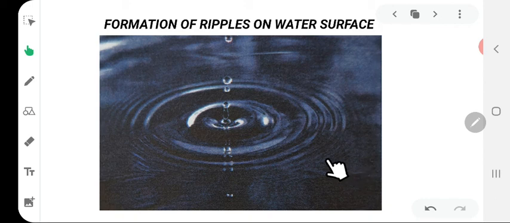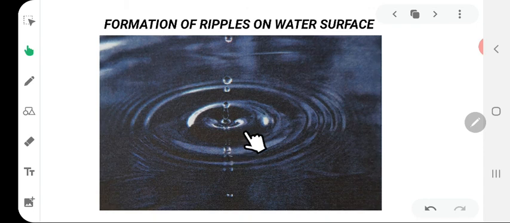The energy carried by the stone disturbs the water molecules close to it. By gaining the energy from the stone, the water molecules near the stone start vibrating up and down. They in turn produce similar motion in other neighboring particles.